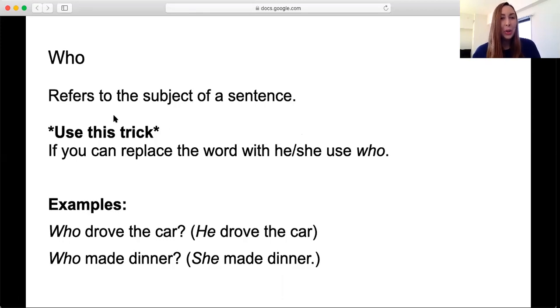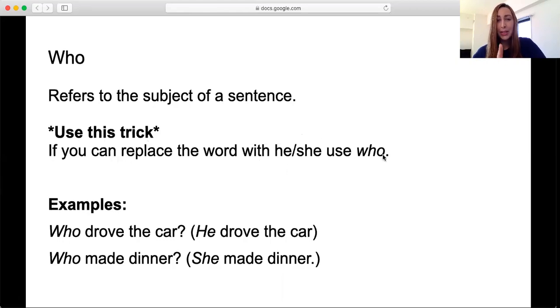Okay, when to use who. Who refers to the subject of a sentence. We can use this trick: if you can replace the word who with he or she, use who.